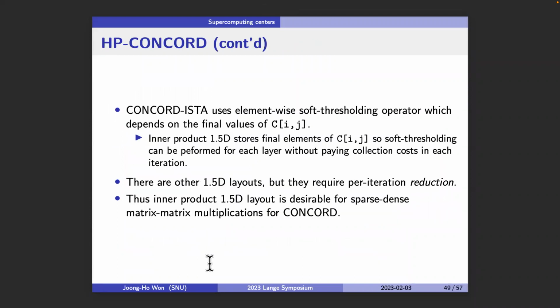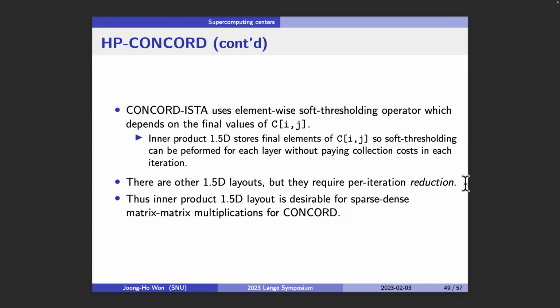And this 1.5D layout is particularly effective for the Concord algorithm, or proximal gradient algorithm, because it uses an element-wise soft-thresholding operator, and that depends on the final value of the matrix multiplication. There are other 1.5D layouts based on, say, row partitioning and column partitioning, but those partitionings involve a reduction, which means you have to wait until the partial results are ready and then sum them.